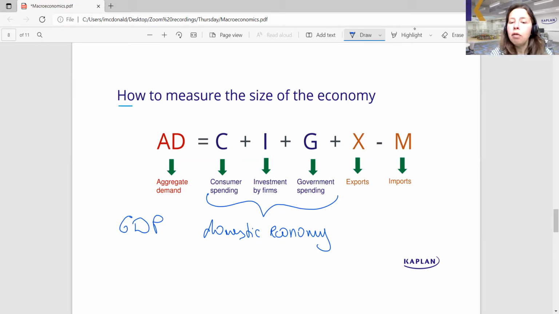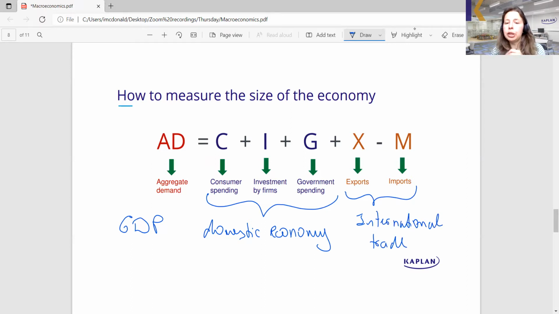Let's also have a look at the impact of international trade on our economy. And with international trade, we need to consider exports and imports. We said exports are the goods made in the domestic economy that are sold abroad, but the money for those exports will come into our economy and will contribute towards our growth.